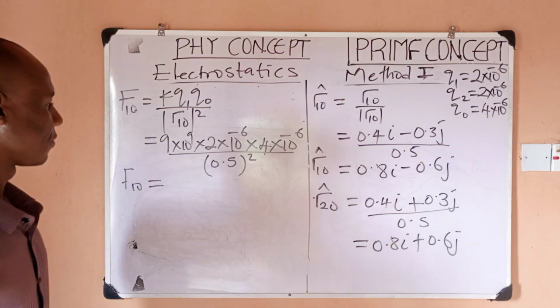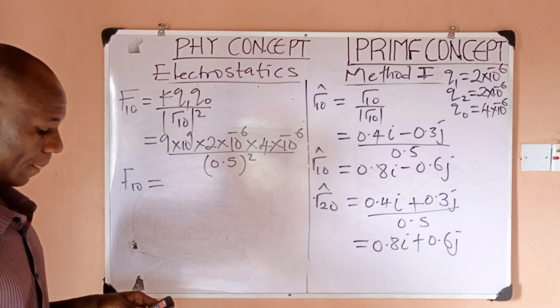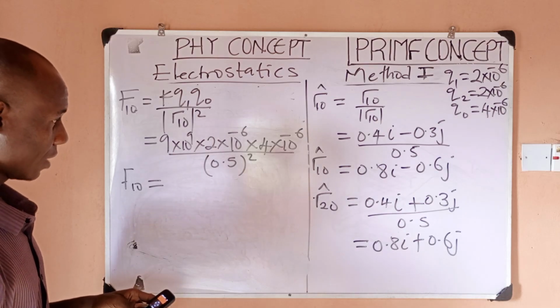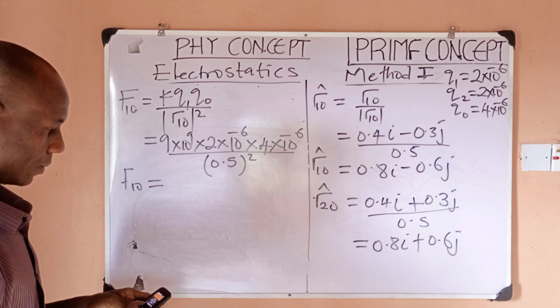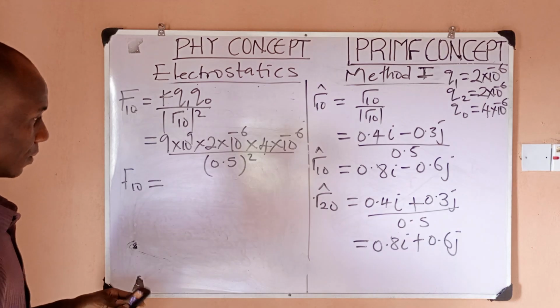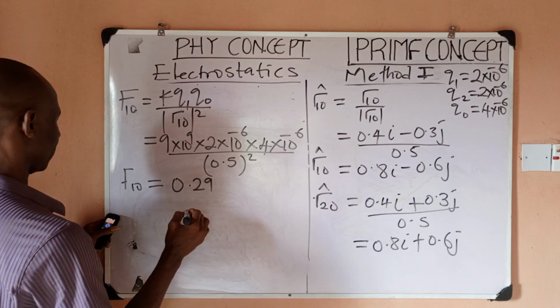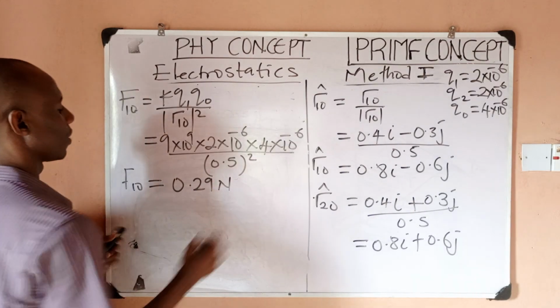So what do I have from this? 0.29, 0.29.